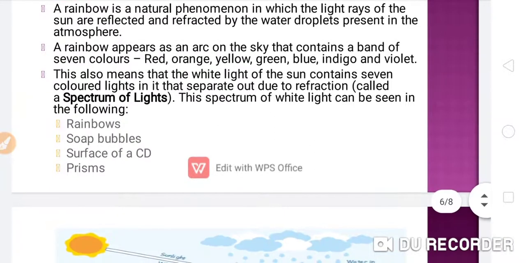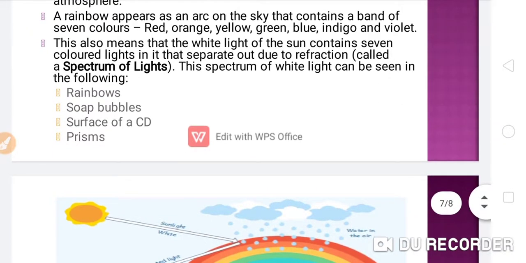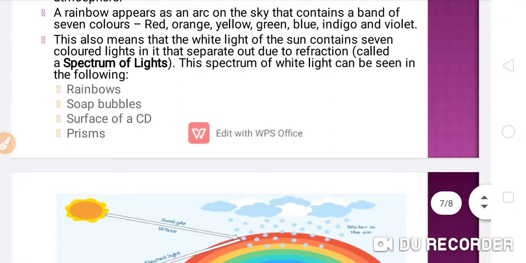This also means that the white light of the sun contains 7 colored lights in it that separate out due to refraction. That is called a spectrum of light. This spectrum of light can be seen in a rainbow, soap bubbles, the surface of a CD, and a prism.